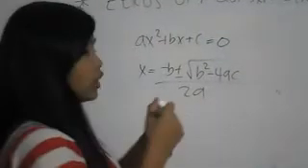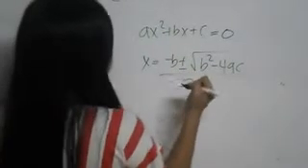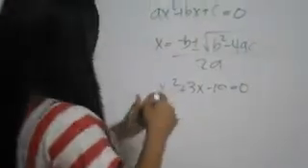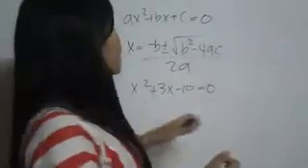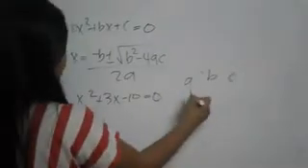Then I'm going to give an example of a quadratic equation: x squared plus 3x minus 10 is equal to 0. Next, I'm going to find a, b, and c. a is 1, b is 3, and c is negative 10.